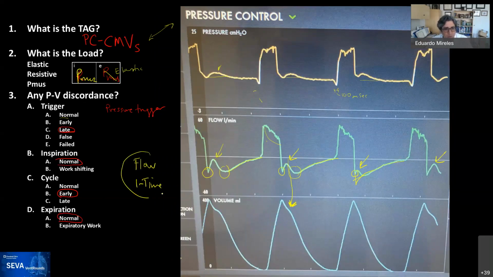If your goal was comfort or whatever you set this mode for, that would be the minimum that you would do to optimize the ventilator settings on this patient so that he doesn't have the side effect of early cycle. What can happen to this patient? Anybody? What's the badness of having early cycle?